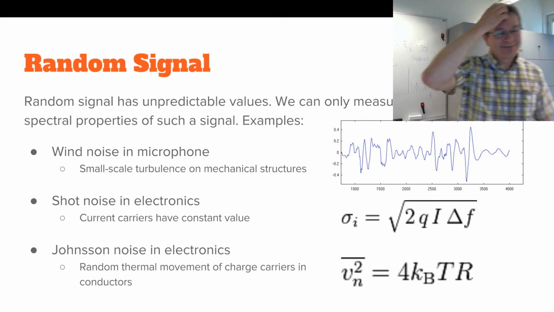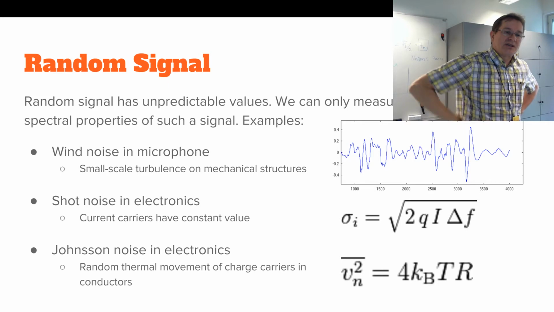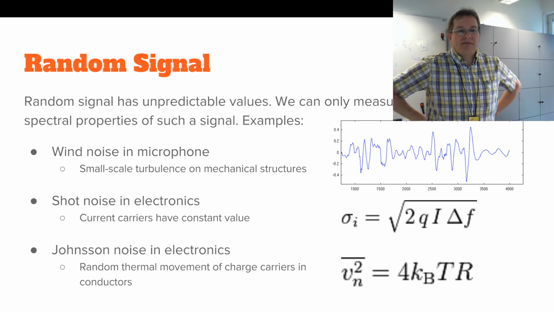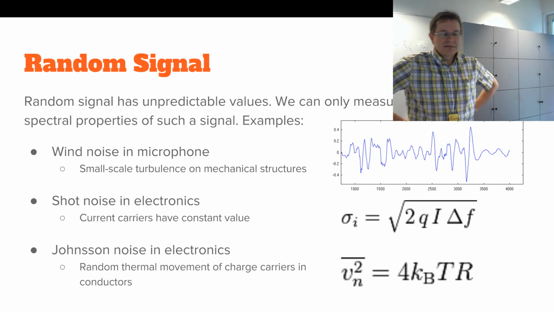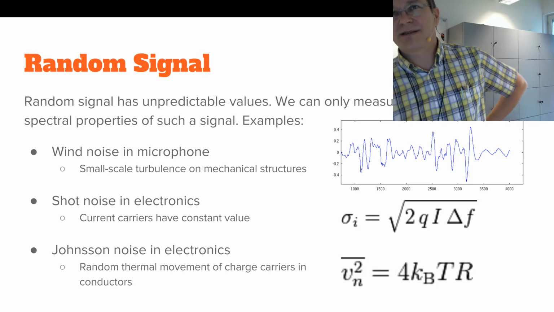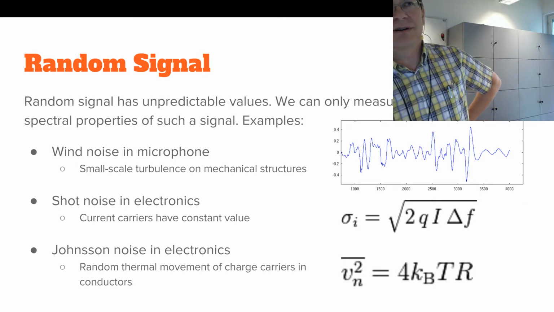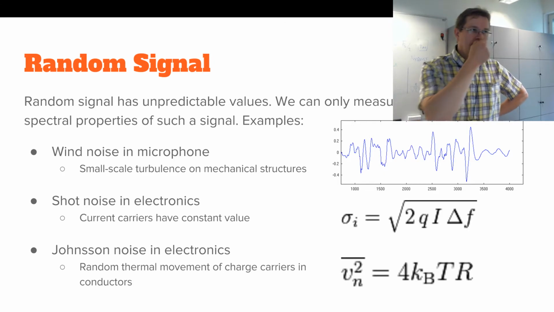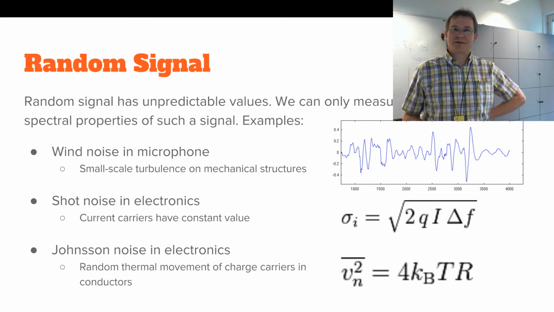Okay, but anyways, another one is Johnson noise. If you have any conductor, and of course you have, otherwise these electronic devices wouldn't work, as soon as you have a conductor, you also have random thermal movements of charge carriers.